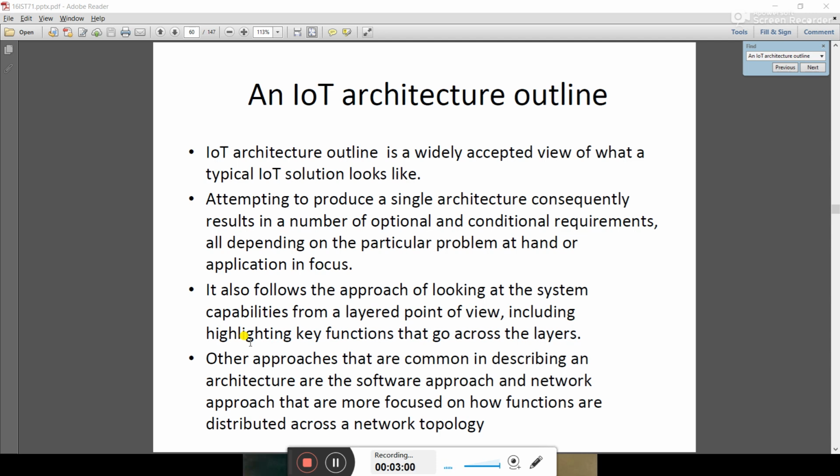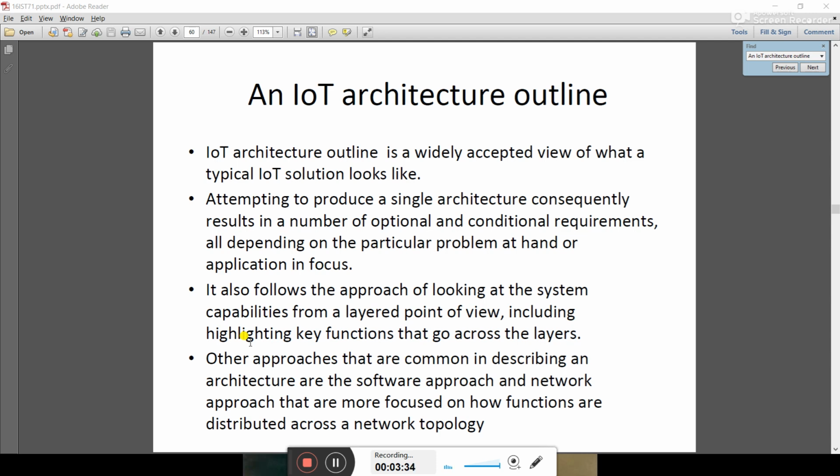As I have given you the example of the gas pipeline leakage architecture and the example of home automation, both layered architectures will definitely be different for the two applications. That is a problem we have to face when we need to provide a standard architecture of IoT.